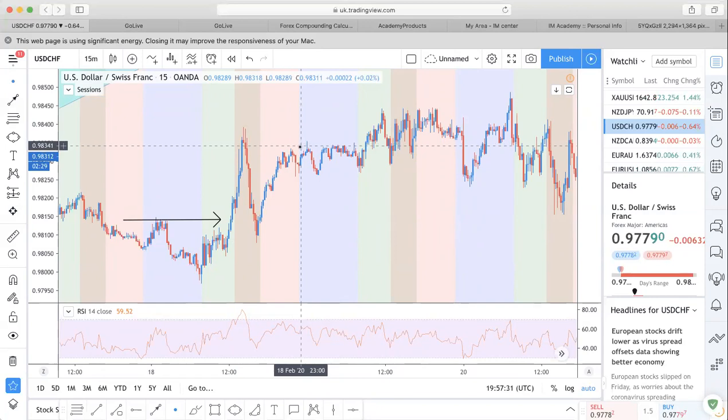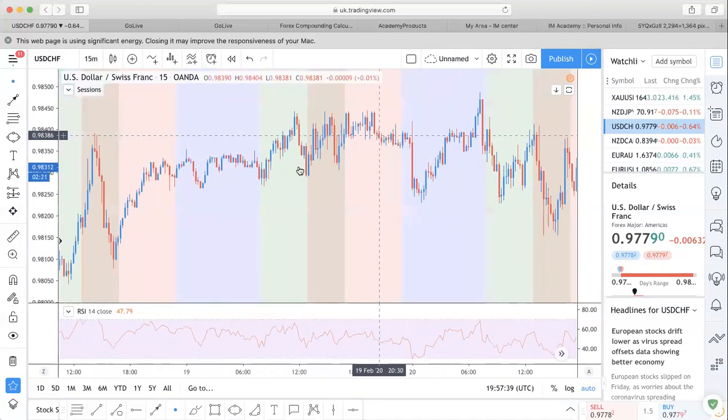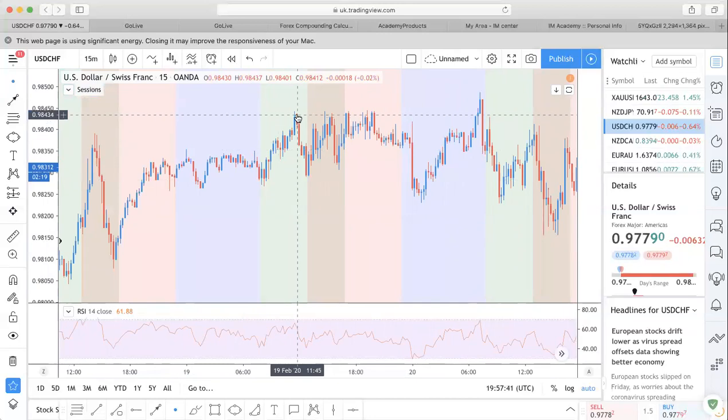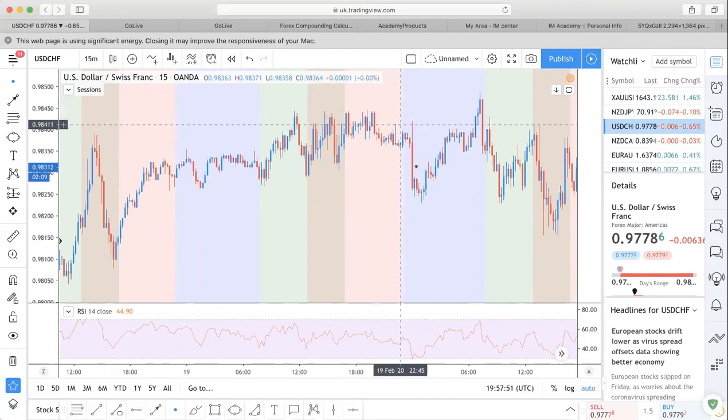What happened again? Consolidation, price wasn't doing anything. And see, London open, boom, it went up. New York open. Before New York open, it gave you a second rate entry to the trade. And then it shot up again before it came back down in the Asian session.